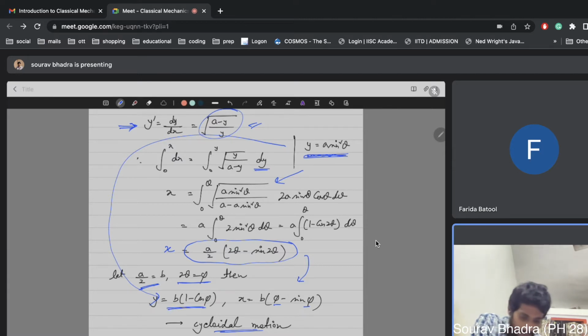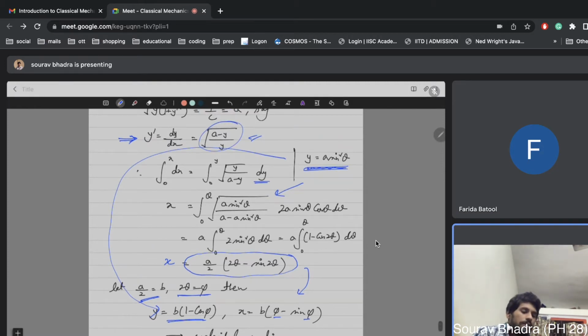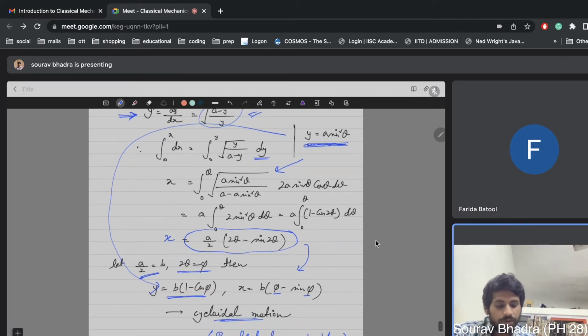That's why you get this equation. So x equals b (phi minus sine phi), and y equals b (1 minus cos phi). This defines your path for which the time will be shortest, the path for which the time is shortest for a falling object. You can think of a falling ball, and these two equations represent a cycloidal motion.